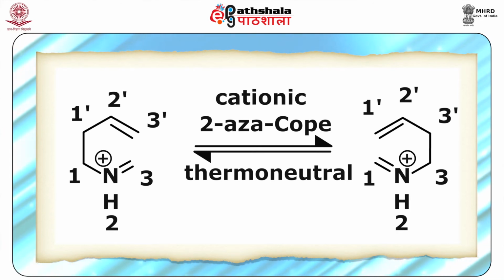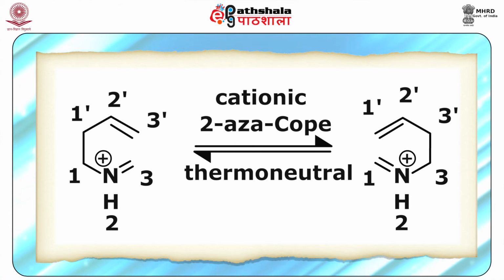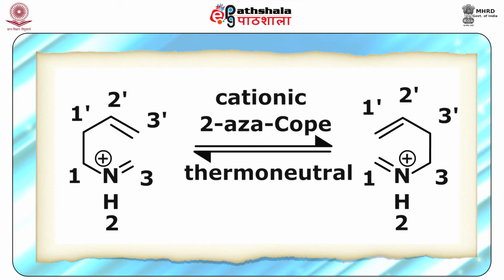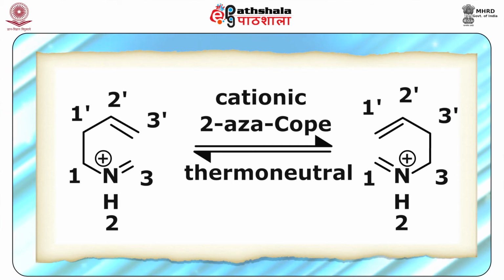Compared to cationic 2-aza-Cope rearrangement, 1-aza and 3-aza-Cope rearrangements are less common. The cationic aza-Cope rearrangement has been known to proceed via catalysis, which is suggestive of an ionic or even diradical mechanism in some cases.